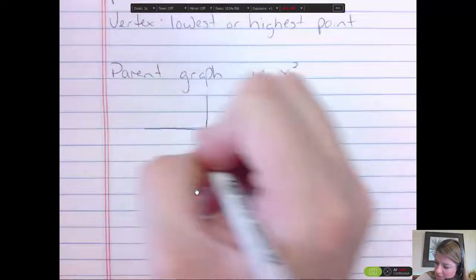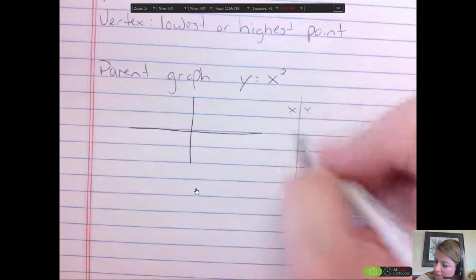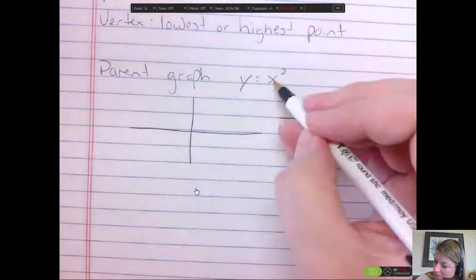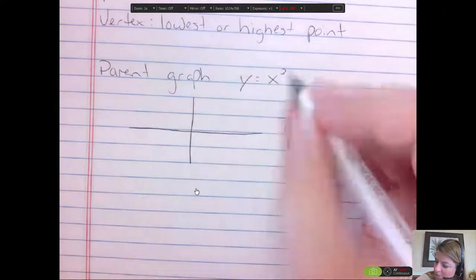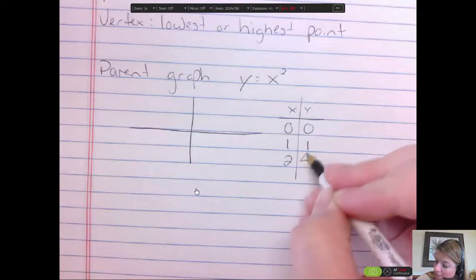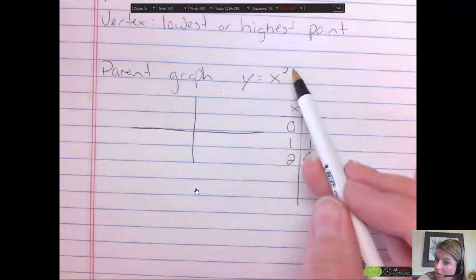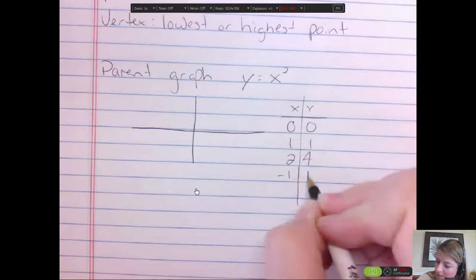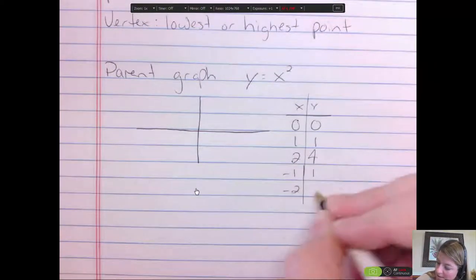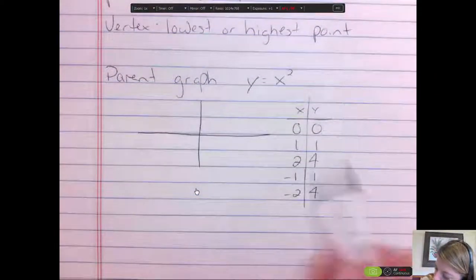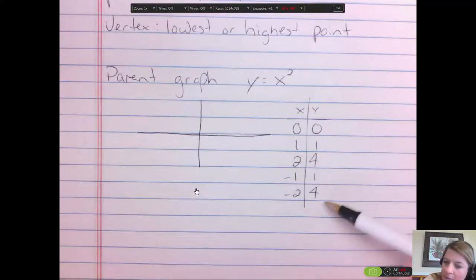If you did your xy chart, 0 squared is 0, 1 squared is 1, 2 squared is 4. Now put in some negatives so we can see both sides. Negative 1 squared is 1, and negative 2 squared is positive 4. They kind of mirror each other. Negative or positive x's come out positive on the y for the parent graph.